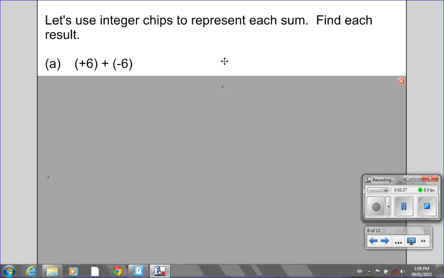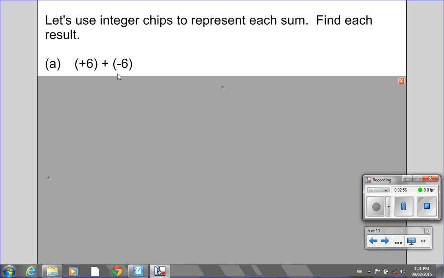Let's do a couple of activities here on this video using integer chips. What you can do at home is read the addition statement, pause the video, and use a couple of crayons or coloring pencils to draw the correct number of red chips and green chips, and then compare your answer to the answer which I give here on this video.